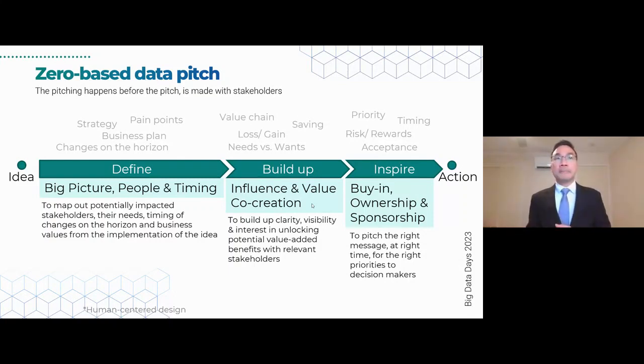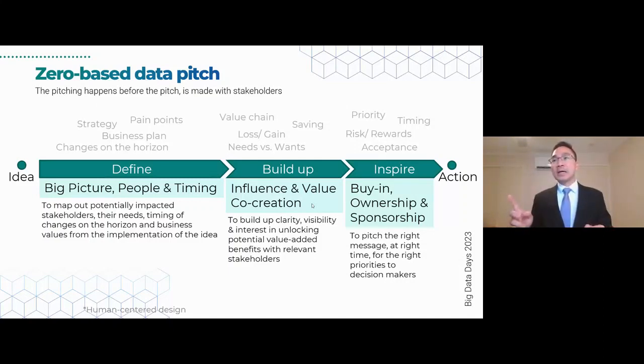So as you can see, the framework of this zero-based data pitch methodology is that you want to see the action. You do not want to see a story. You want the outcome, and you work all the way back.